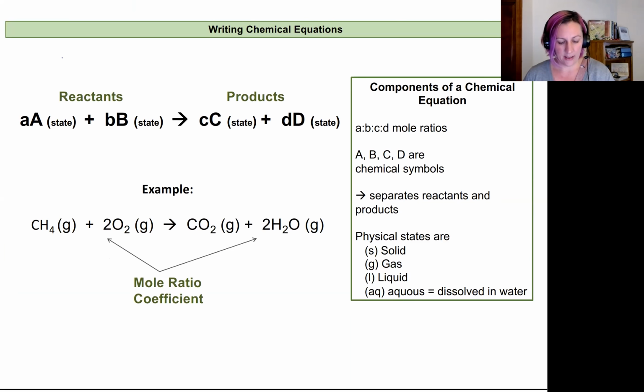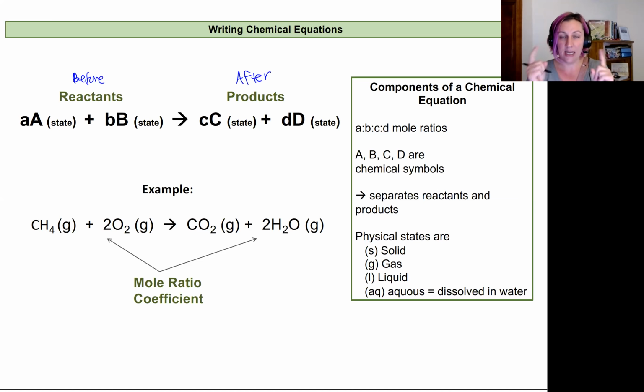So to write a chemical equation, we'll be writing out kind of a before and after picture. Here are the chemicals that we start with, our reactants, and we expect them to produce products. So this before and after, in a sense, is going to be our reactants that then transform into our products.